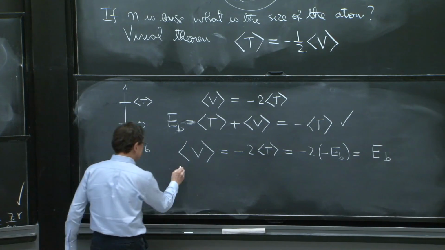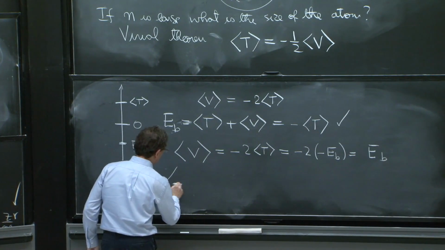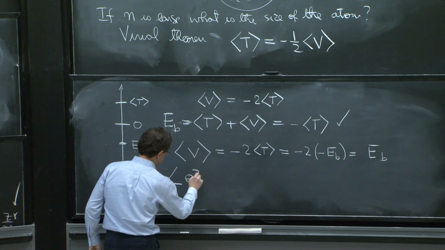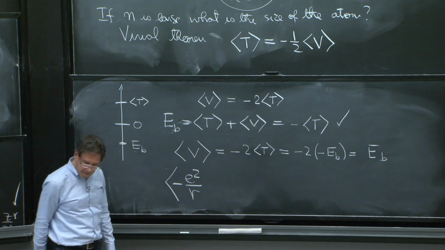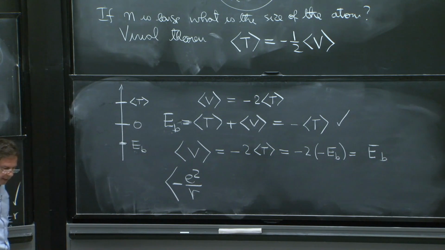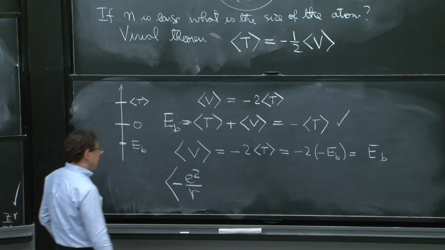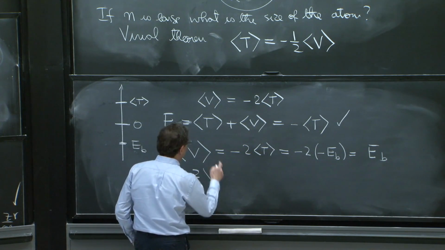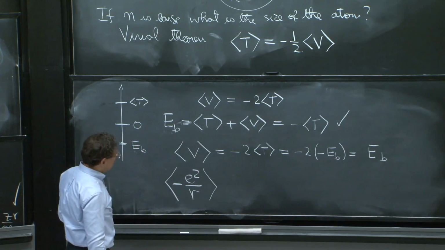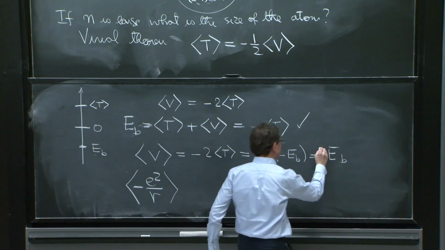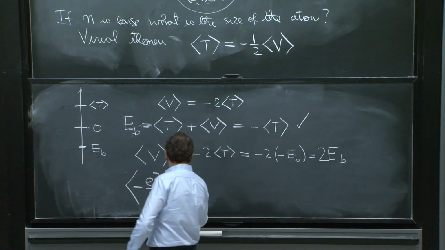So what is this? This is the expectation value of minus e squared over r. In fact, yeah, I'll leave it like that. So I'm back to Z equal 1, because we're talking about Rydberg atoms. Oh, 2E_B, I'm sorry here. Thank you.